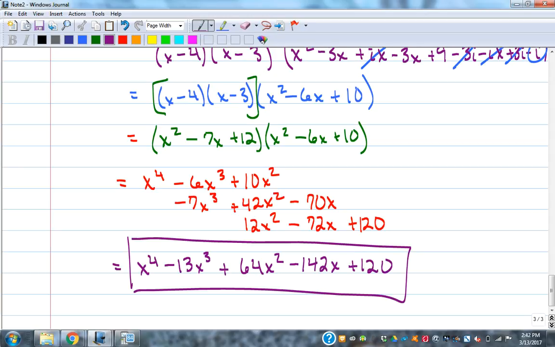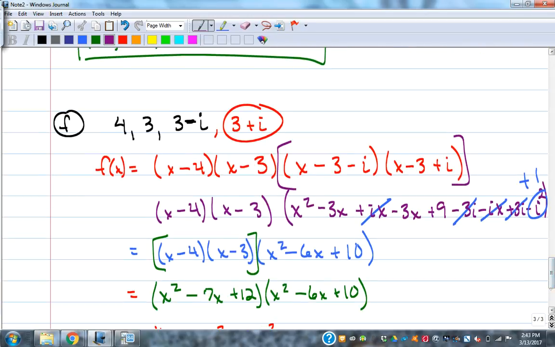It is highly unlikely that you multiply this out incorrectly and it still crosses at the right spots. If you multiply it out correctly, this polynomial should cross at 4 and 3, and then it's not going to cross at those other two.